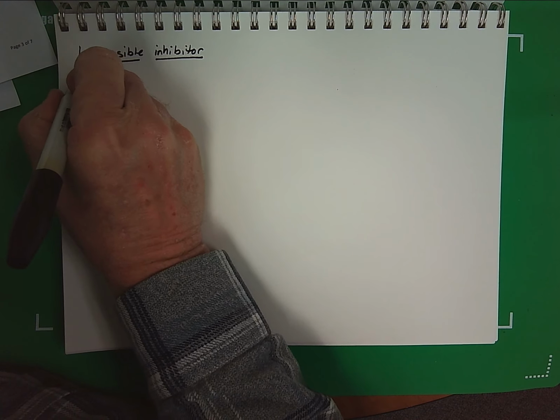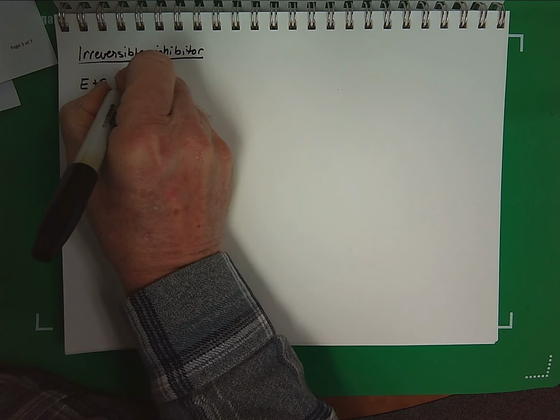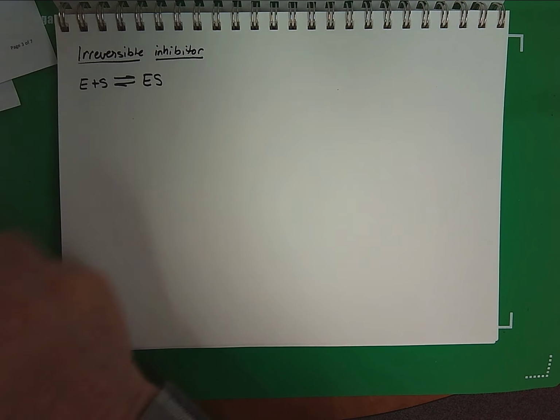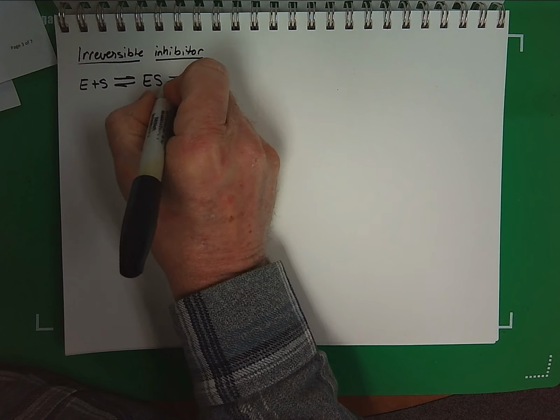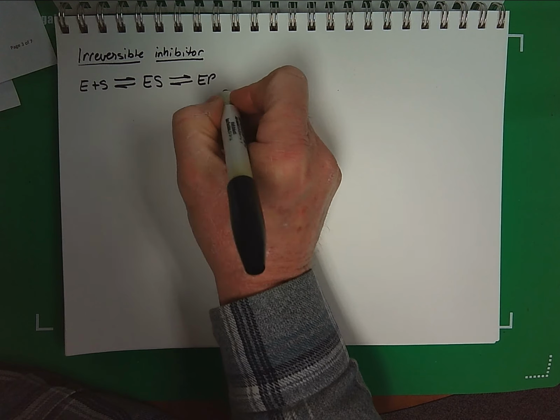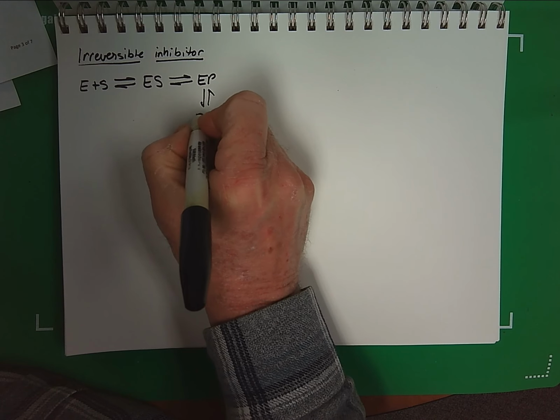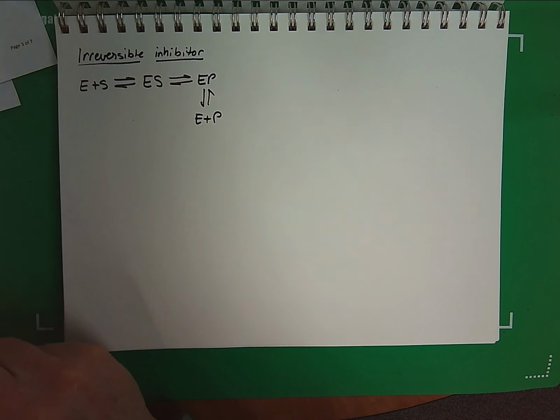Recall our enzyme plus substrate forming our enzyme substrate complex. Then this can form our enzyme product, and then of course these can dissociate, forming enzyme and product separated.